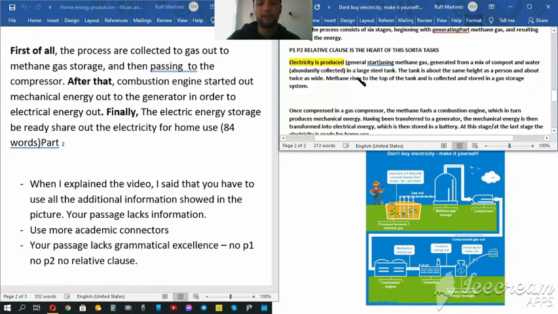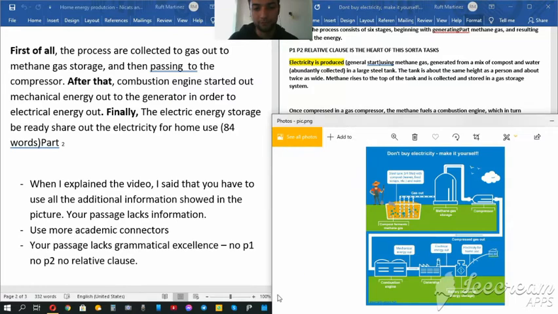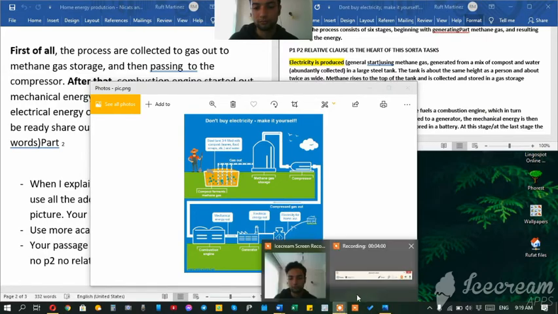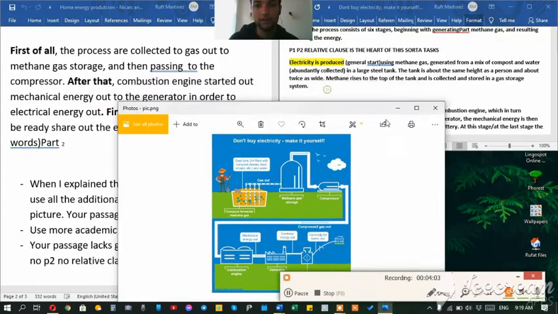The big thing that you missed in your essay is that P1, P2, and relative clauses, along with the connectors, are the heart of this sort of task.